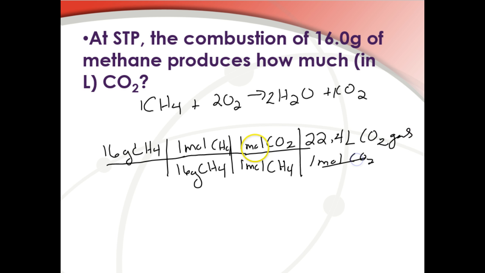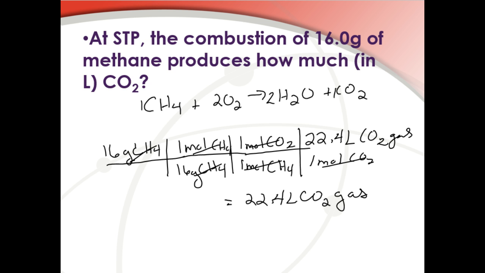Okay, moles of carbon dioxide cancel, moles of methane cancel, grams of methane cancel, and because I chose easy numbers, you get 22.4 liters of carbon dioxide gas that's produced from the combustion reaction of 16 grams of methane.